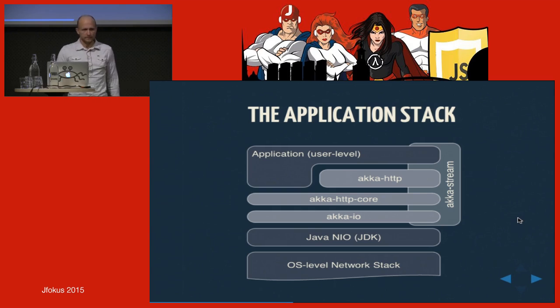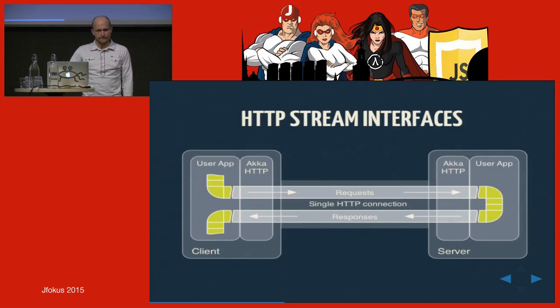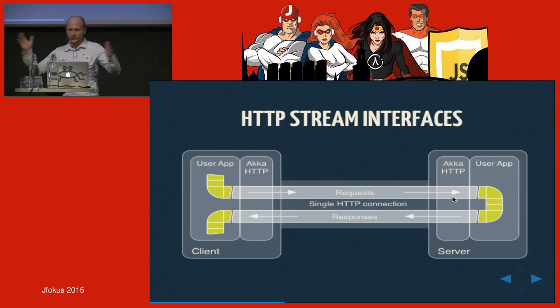Yes, one question. On the previous slide, must both the left-hand side and the right-hand side be Akka-HTTP for it to work? The question is whether on both sides you need Akka-HTTP in order for it to work, and the answer is no. As long as the other side talks HTTP, that's the beauty of it, everything is golden. If I have an Akka-HTTP client, but the server is Apache, then that's good.